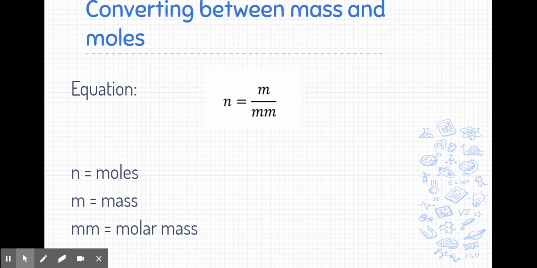So if we mass a substance and we know what that substance is, and recall from the molar mass video, if we know what a substance is, as in its chemical formula, we can calculate its molar mass. So if we take the mass of something, we divide it by its molar mass, that will give us the number of moles that we have. Let's switch over to the whiteboard and do some examples.